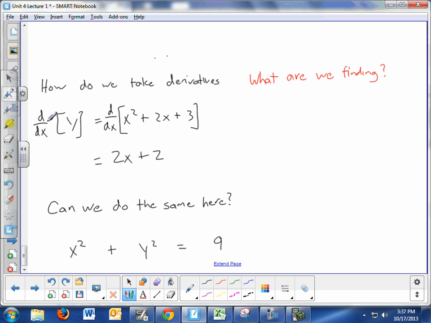So here, the derivative with respect to x of y is dy dx, the instantaneous change of y with respect to x. Okay, what were we finding when we took the derivative? We were finding dy dx, or y prime, or if it was a function f of x, f prime of x.